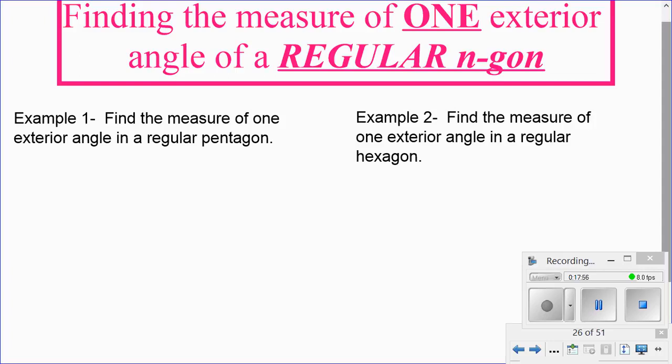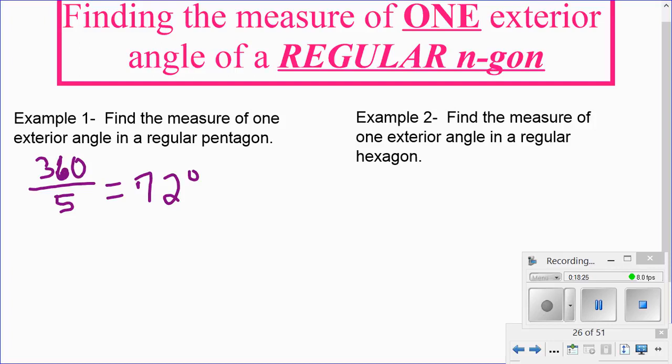So if I'm finding the measure of one exterior angle of a regular pentagon, well, I know the sum of the exterior is 360. So I'm going to just divide 360 by 5, and 360 divided by 5 is 72. So the measure of one exterior angle is 72 degrees.